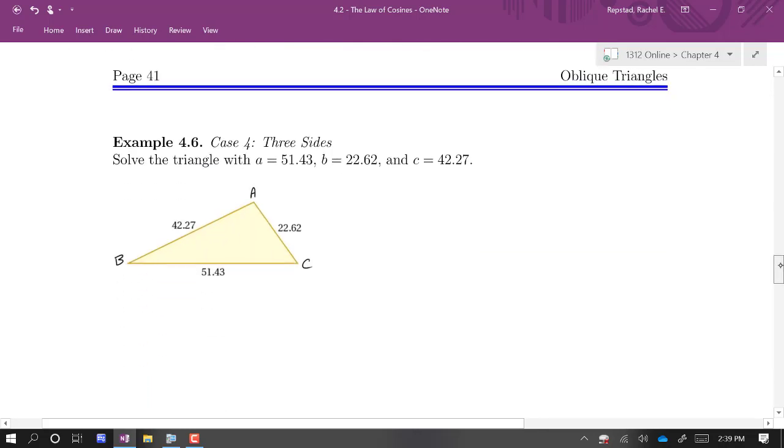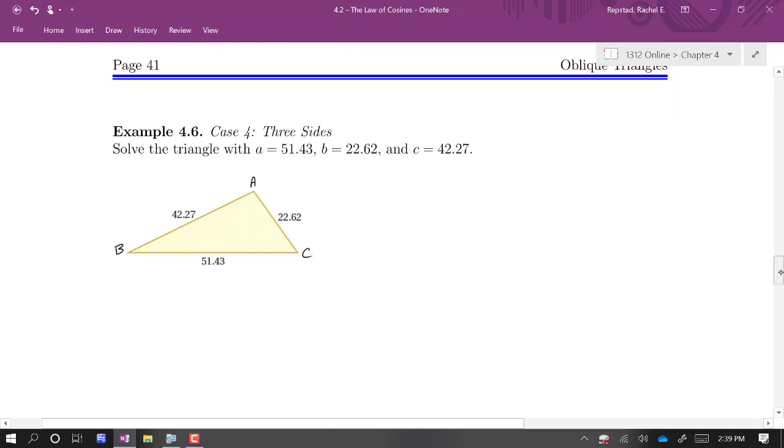Okay, so case 4. Here we're given all three sides and we don't know any angles. So we can pick an angle, and you really can pick any angle you want, but I'm going to try to pick an angle to make my work easier later on, because the law of sines is just a simpler, smaller equation to deal with than law of cosines, so I like to use that when possible.